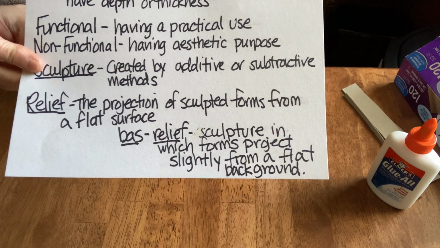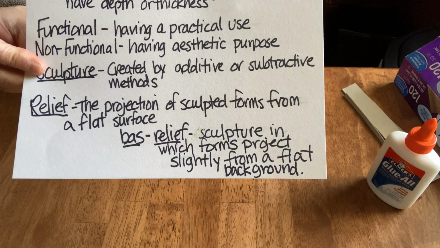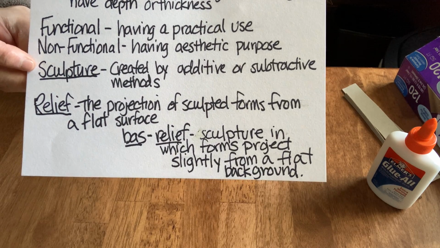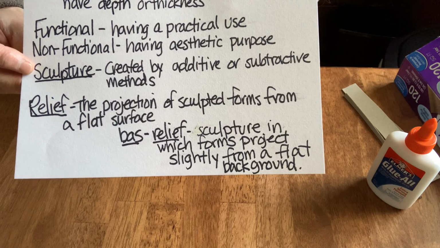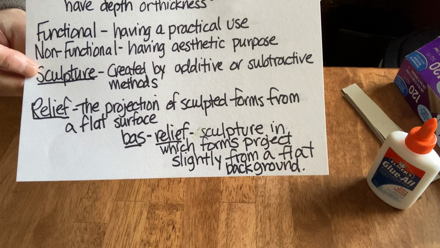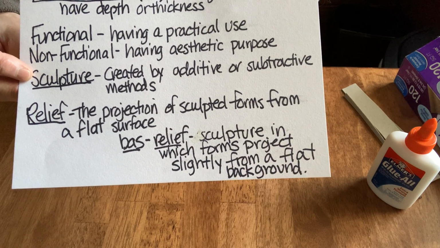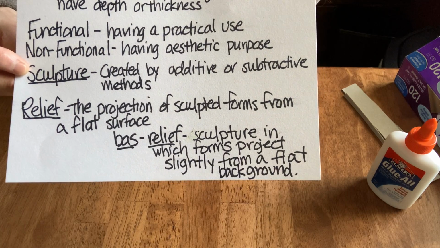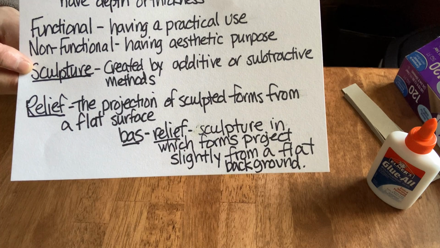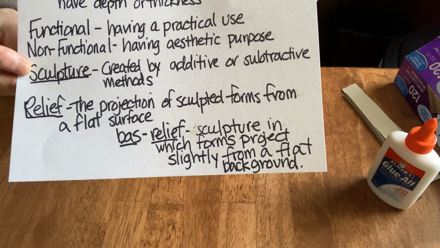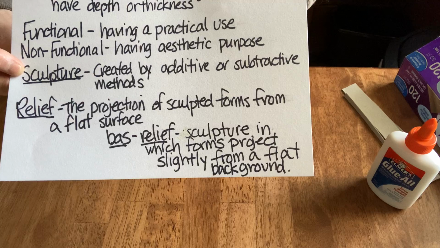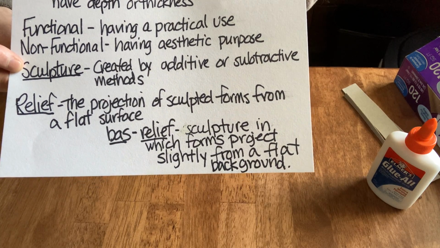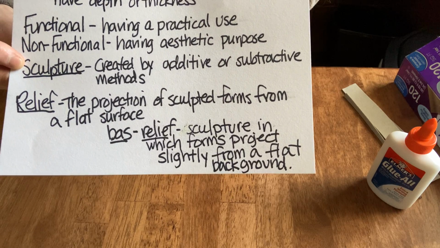Sculpture, and I'm using the term really broadly here, is created like what we talked about in relief printmaking, by adding things together or subtracting things from something. The best way to describe this is building a house or carving a sculpture.